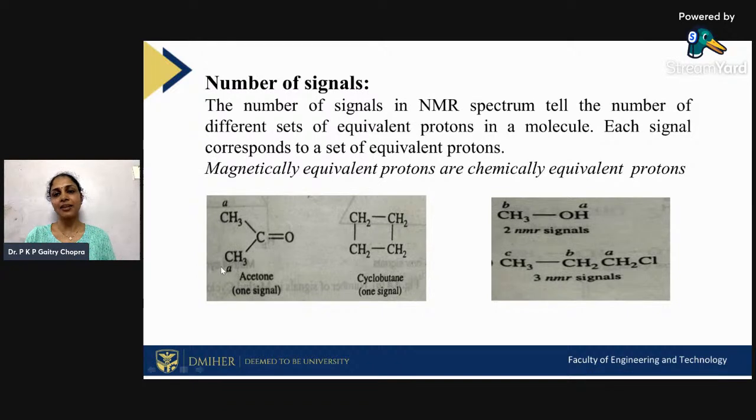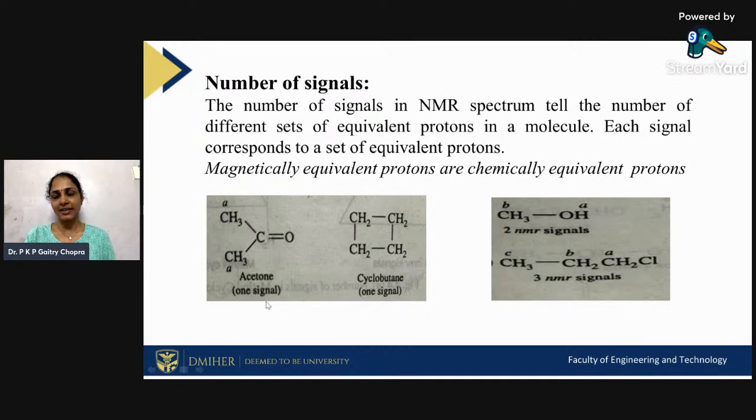That means they are attached to a carbon which is attached to a carbonyl carbon. So ultimately, all these 6 protons have a similar chemical environment and so they are magnetically equivalent as well. So you will get only one signal for acetone. For all the 6 protons that we have, we are going to get only one signal.